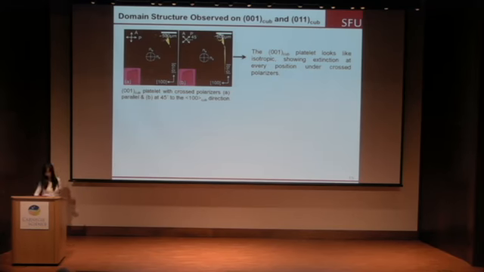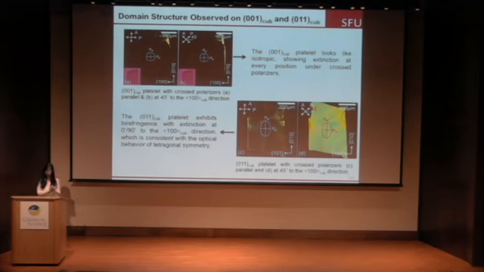And a 011 cut sample shows birefringence on the polarized light microscope, and it shows extinction at 90 and 0 degrees. So that's the extinction angle for tetragonal symmetry. So these two platelets are from the same sample, but they give different symmetry.